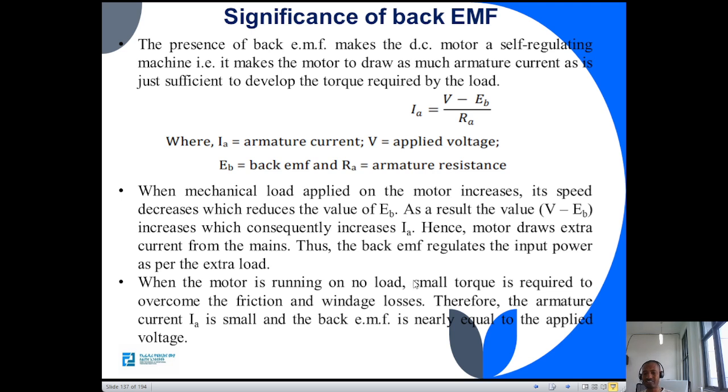A small torque is required just to overcome friction and windage losses. Therefore armature current IA is very small, and the back EMF is nearly equal to the applied voltage, because we need very small current at no load. That is the advantage of back EMF.